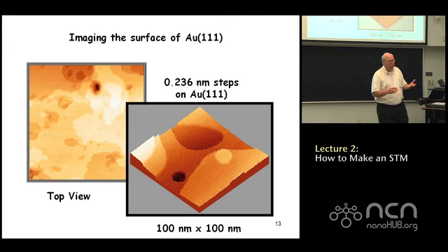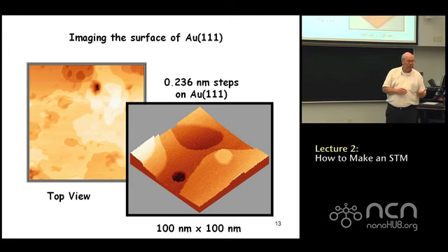Gold is a very good substrate to image with these tips because gold is very conductive. It's relatively inactive chemically, right? You can produce faceted regions of gold that are atomically flat over microns in dimension.